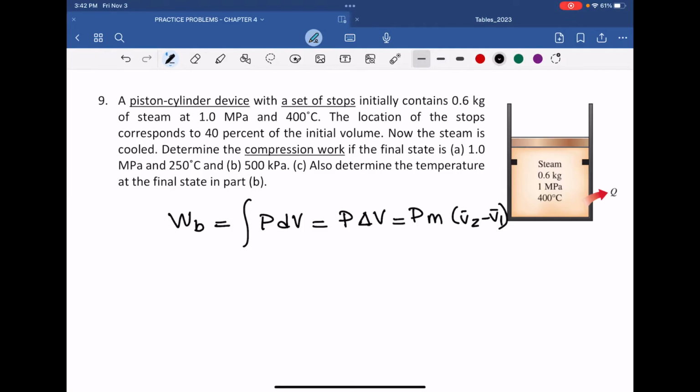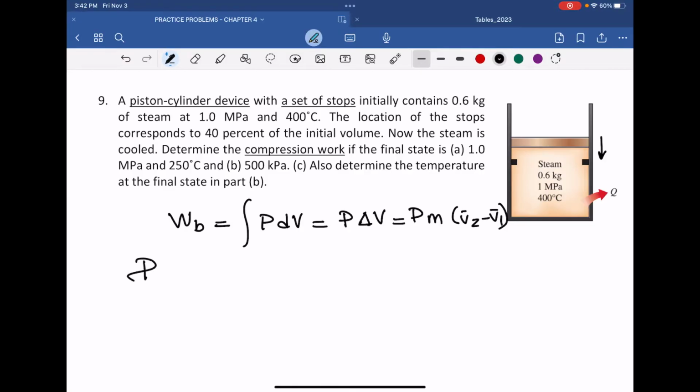We need to know the pressure, we know it, 1 megapascal. It's gonna compress. We don't know where it's gonna stop right now, okay? We just know it's gonna be compression at constant pressure, and we can calculate that compression work if we know the pressure, the mass, and the specific volumes, and we can know the specific volumes.